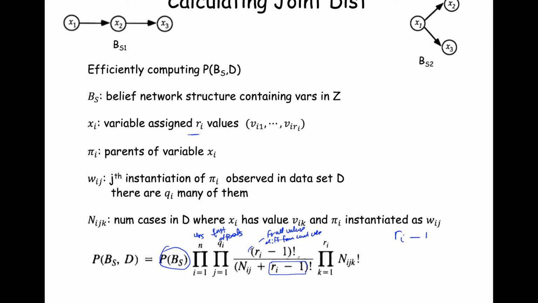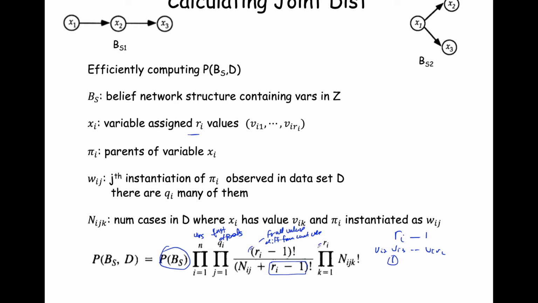Okay, so this proportion says for a given instantiation of parents, all the values that you find in the data, all the other values, look at the different values, and then we multiply, and this multiplication handles each one of those values. If we looked at the first value, that would be Vi2, Vi3, and so forth up to ViRi, if you're considering the first value in this product.